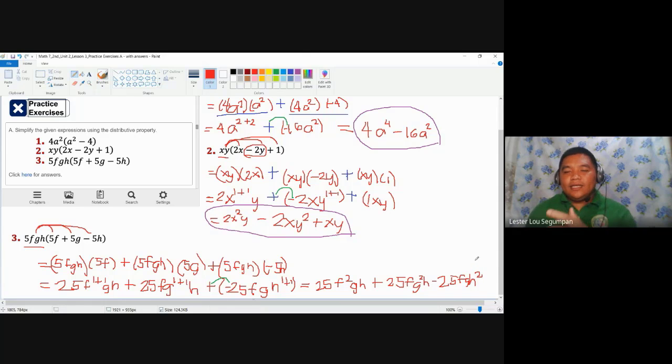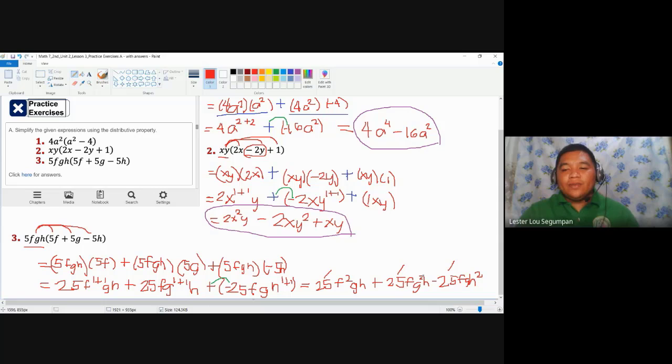Notice that in this expression here, all of them have the same numerical coefficient. However, in adding and subtracting algebraic expressions, we don't concern ourselves with similarity of numerical coefficient. We are more concerned with similarity of literal coefficients. Look at the coefficients here.